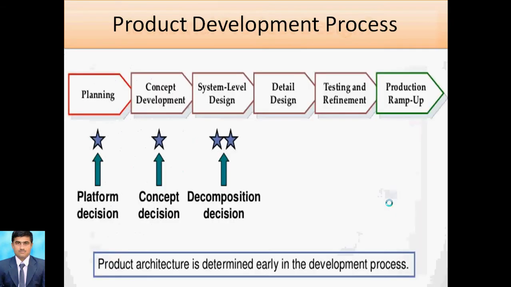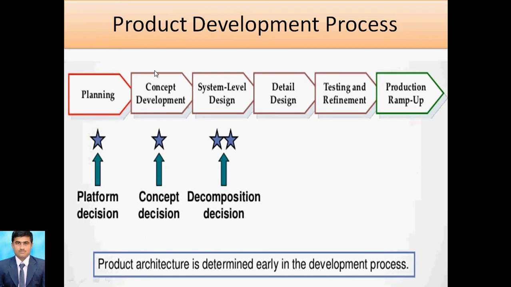Now we will discuss the next point, the product development process. First of all we go for planning. Here we decide which product and which functionality the product will have, and then we plan accordingly. Then we take inputs from stakeholders, internal and external.